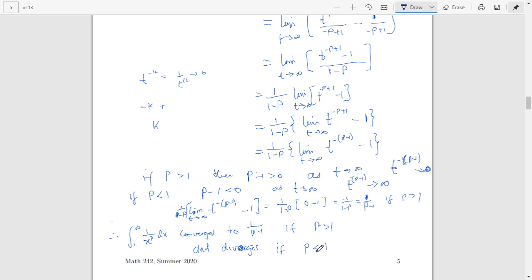In fact, when p is equal to 1, the integral diverges also, so we can say that it diverges if p is less than or equal to 1.